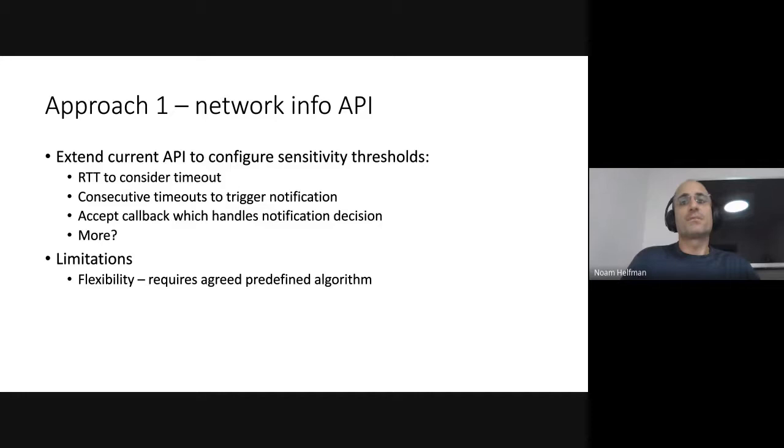So now, if we extend it by adding some way to configure it, and I'm not specifying any specific API structure or interface, I'm just saying what the use case would be, we could possibly configure the RTT, the round trip that we may consider a timeout, or if there are a few consecutive timeouts or long round trips, we can consider it a problem or something like that.